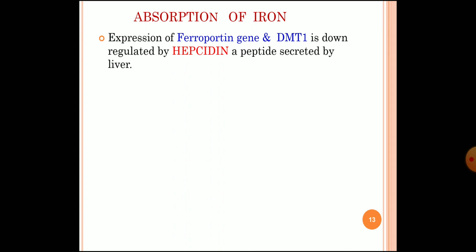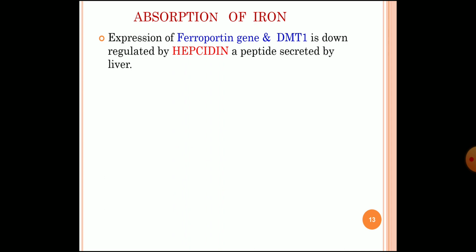The synthesis of ferroportin and DMT1 is downregulated, that is, suppressed by hepcidin. Where is it synthesized? Hepcidin is produced in the liver when there is enough iron in the body.